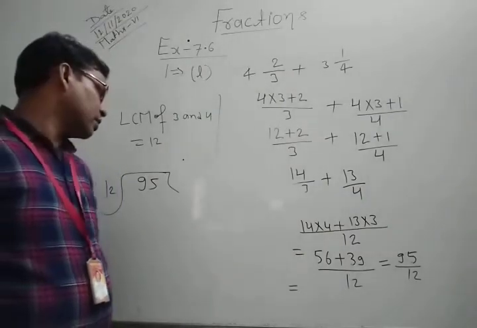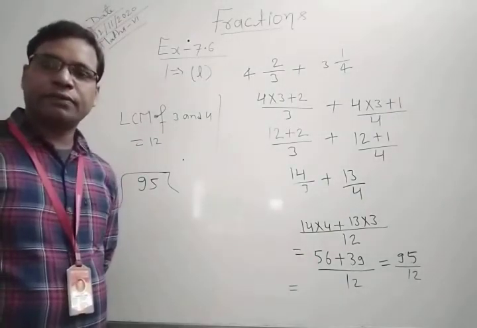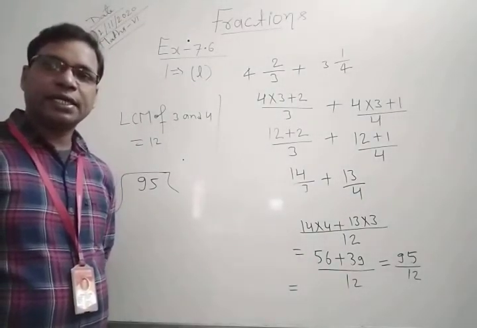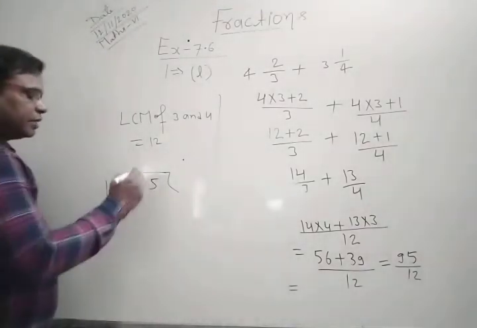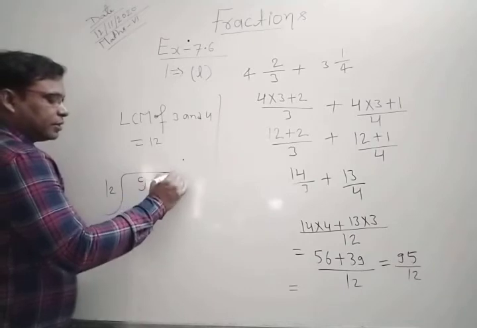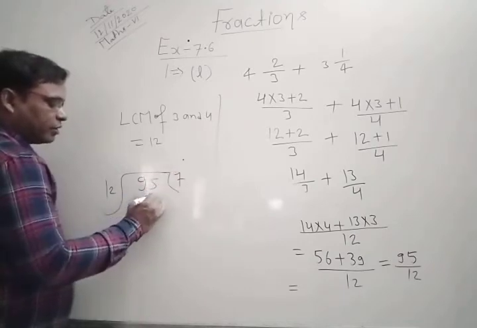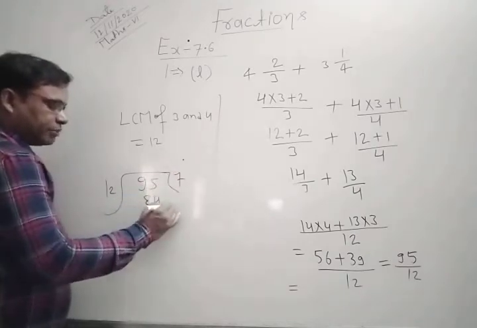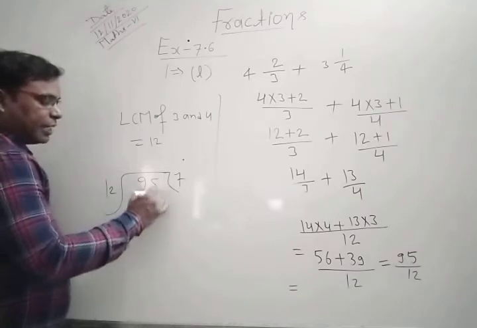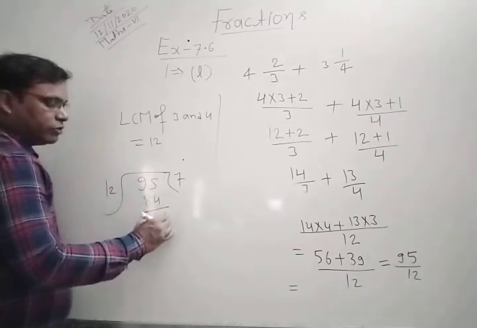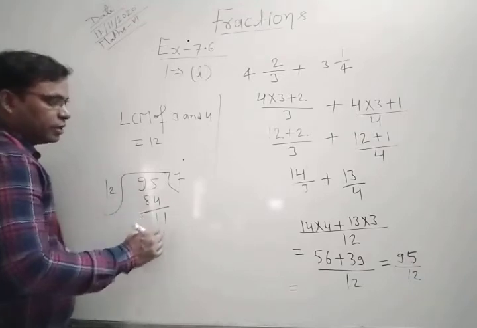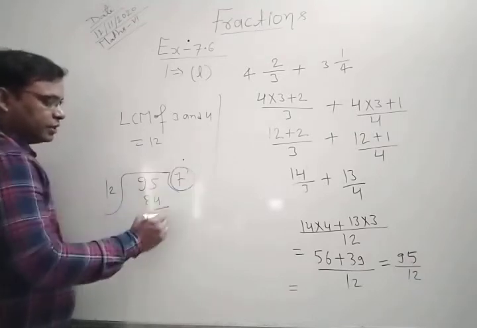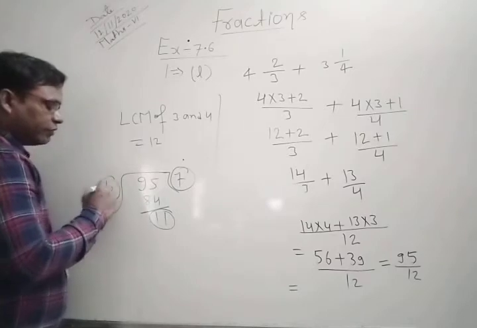So you know 12 sevens are 84 and 12 eights are 96, but here it is 95. So you write 12 sevens are 84. When you subtract them, you obtain 5 minus 4 is 1 and 9 minus 8 is again 1, so 11. So this is the quotient, this is the remainder, this is the divisor.